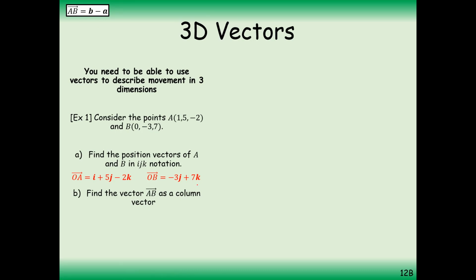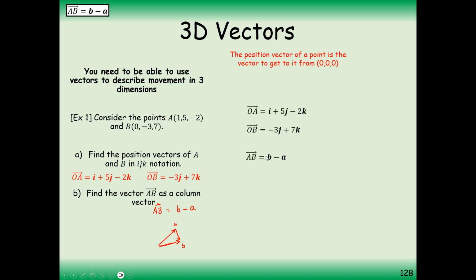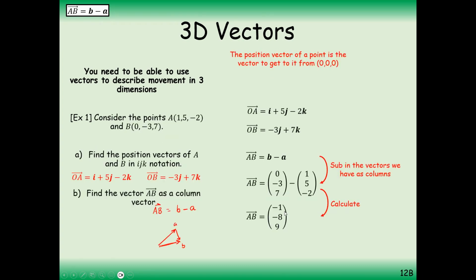This is where you subtract position vector A from position vector B, because as we said in earlier videos, we have to travel downwards from A to the origin and back to point B. So we're going to take away position vector A from position vector B. It's easier to write them in column notation to see which numbers match up with each other. 0 minus 1, 3 minus 5, and 7 minus -2 will give us those values.